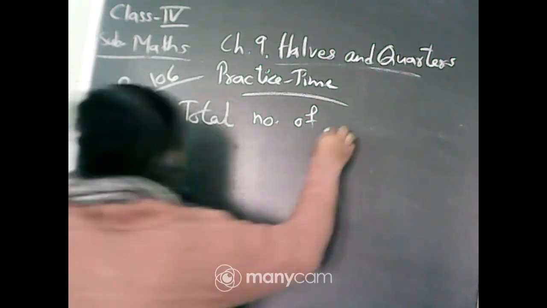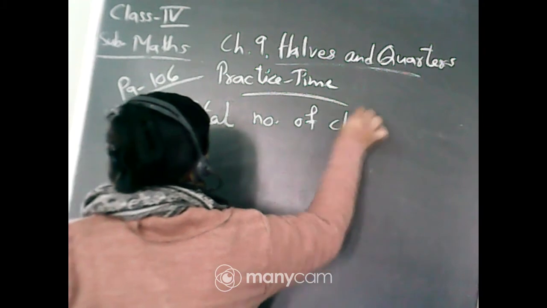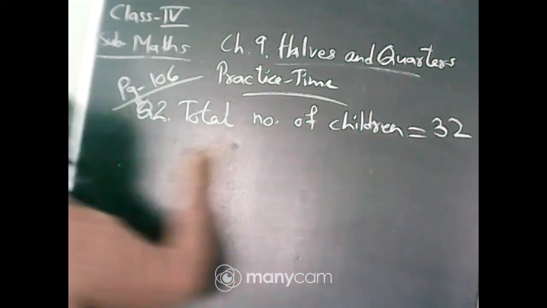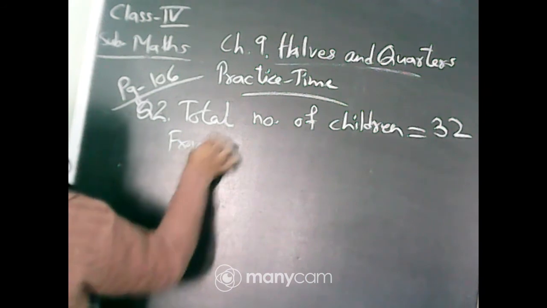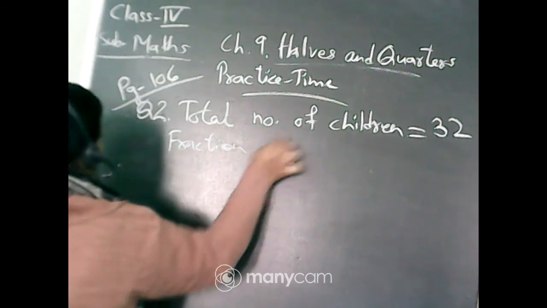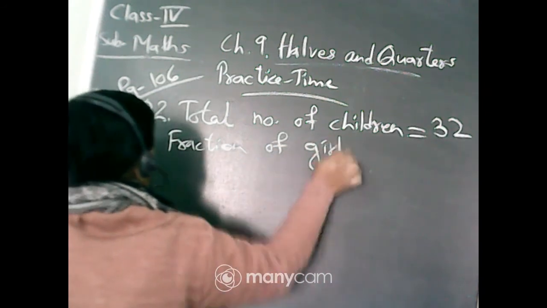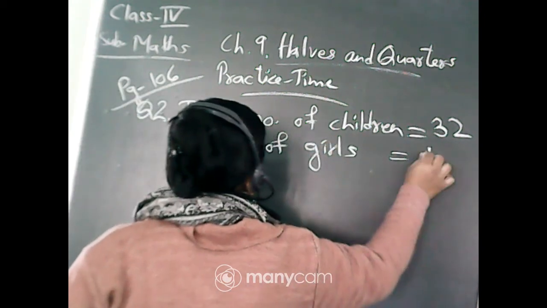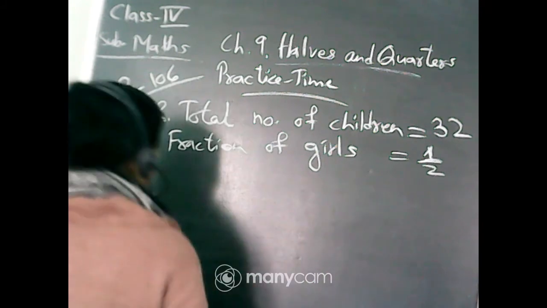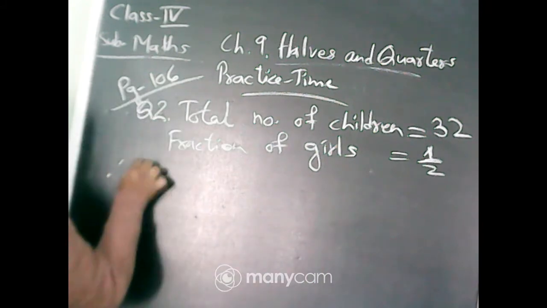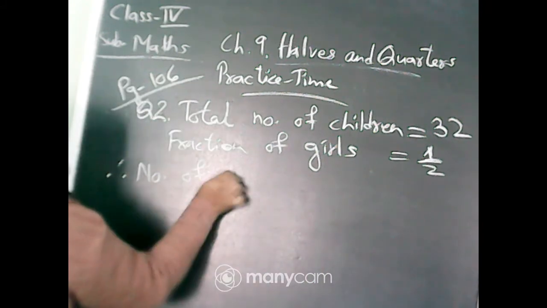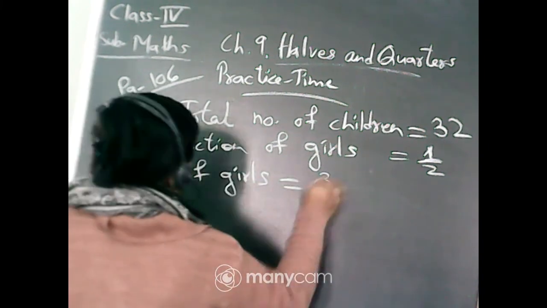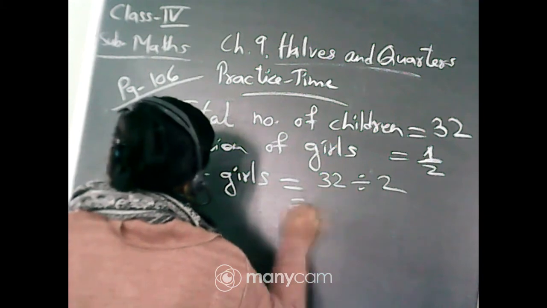Total number of children is equals to 32. Now fraction of girls, it is given half, isn't it? So you will find it out. Therefore number of girls is equals to 32 divided by 2, that is 16.